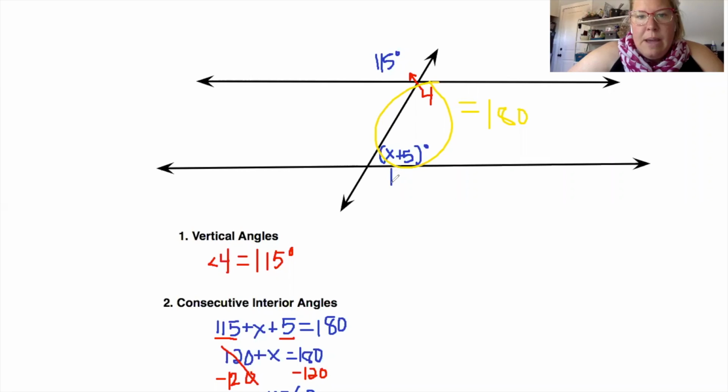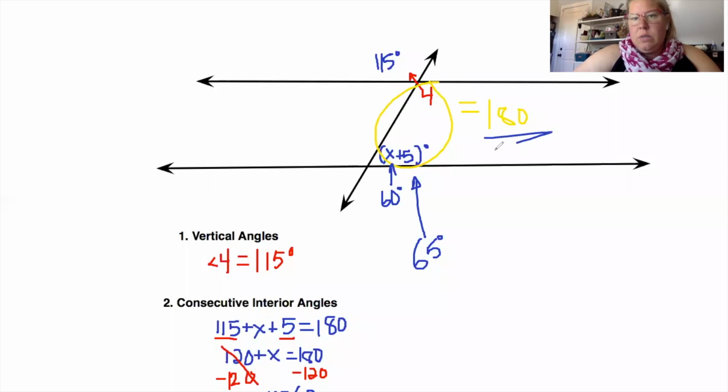So that means my x is equal to 60 degrees, right? But that's not what that angle equals, because we have to add 5. So that angle in total is equal to 65 degrees, which makes sense because 65 plus 115 equals this 180, which is what we're working on.